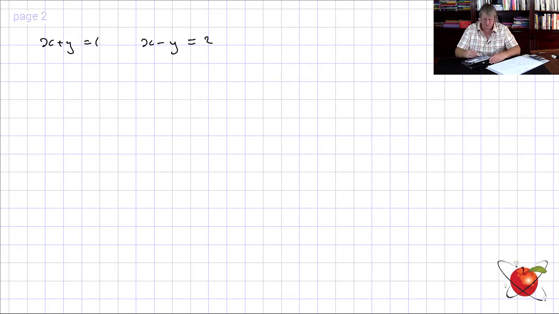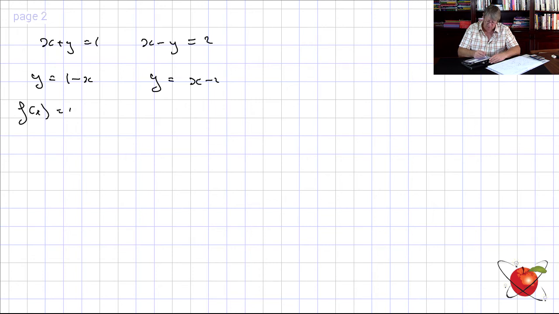If you rearrange this, y is equal to 1 minus x, and over here y is equal to x minus 2. So f of x is going to be equal to 1 minus x, and g of x is going to be x minus 2.